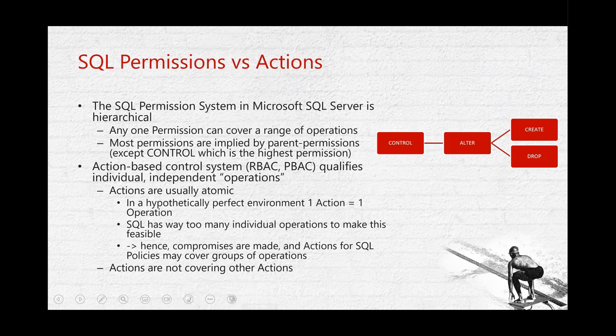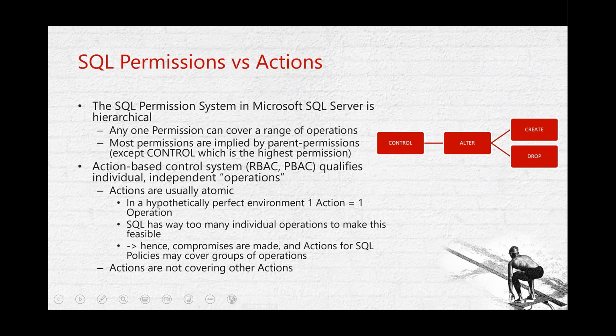So, in an ideal world, all of these policy systems would have exactly one action per operation, or one permission, so to say, per operation, except that the whole concept of permission is not existing. It is a concept of the action itself being part of the policy.